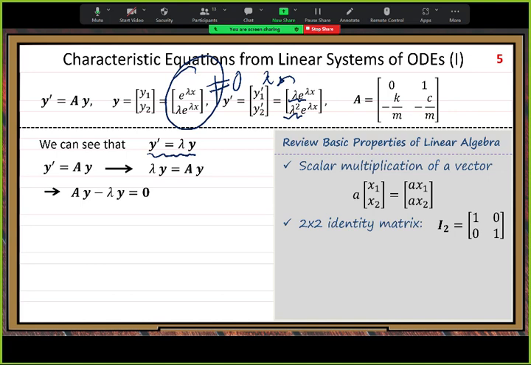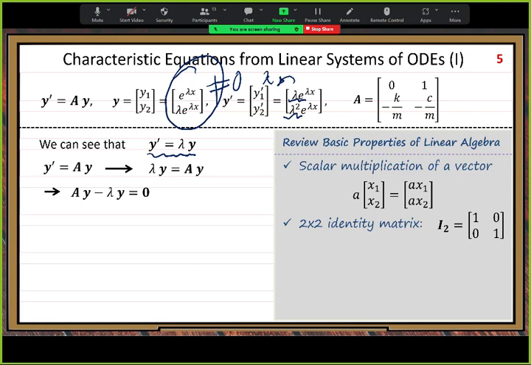Our textbook just uses I, and you need to figure out the size from context. Here I write it explicitly: the 2 by 2 identity matrix is 1, 0, 0, 1, where the main diagonal entries are 1 and all other entries are 0.